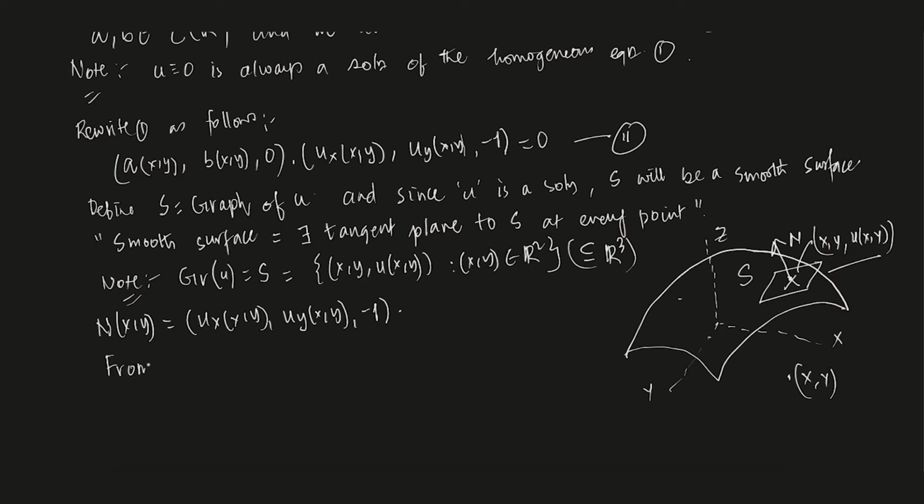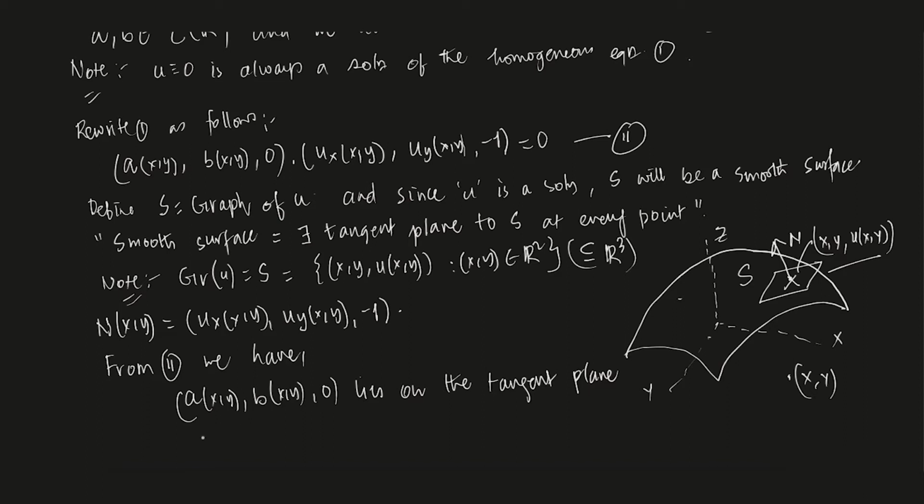So from 2 we have that (A, B, 0) lies on the tangent plane of S at (x, y, u(x, y)).